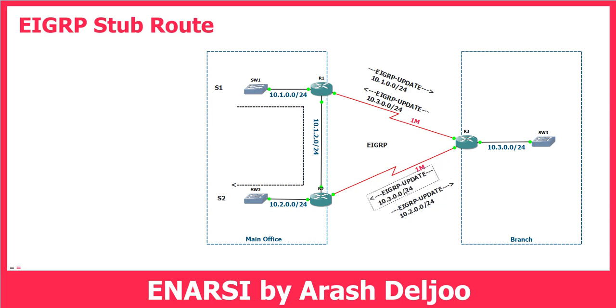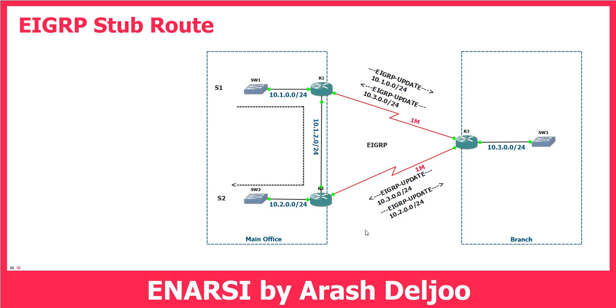Because of that, with EIGRP, now we can easily send the network information between all routers. Now R3 has paths to 10.1.0.0 and 10.2.0.0, and R1 and R2 have connectivity to 10.3.0.0. Until now, we don't have any problem. This is normal behavior. For example, assume that you have configured this network and it is working correctly without any problem.